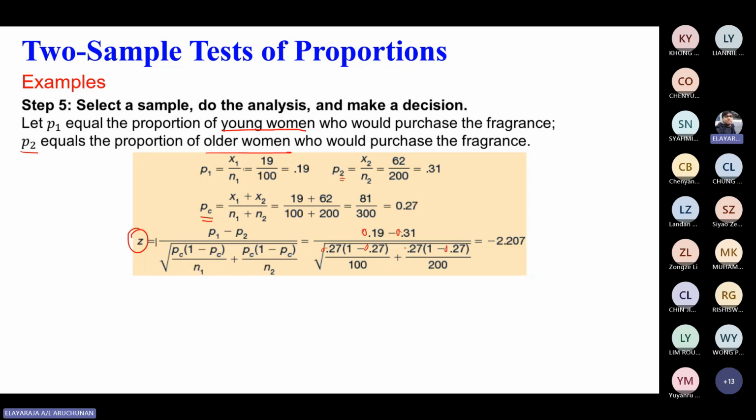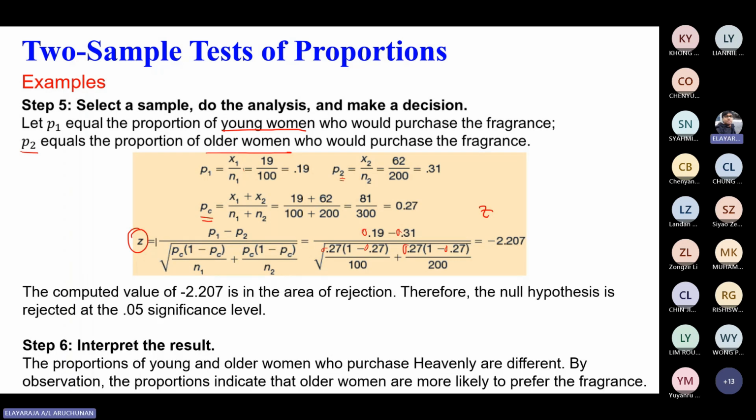So we get minus 2.207. This means the Z value is minus 2.207. Now we need to compare this value with the critical value, which, as we know just now, is minus 1.96.